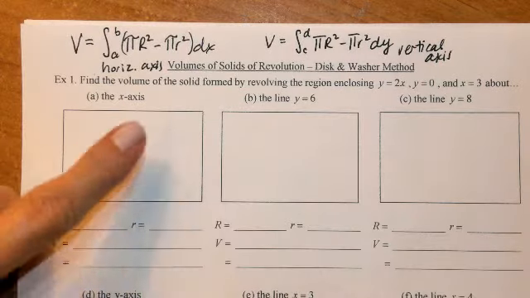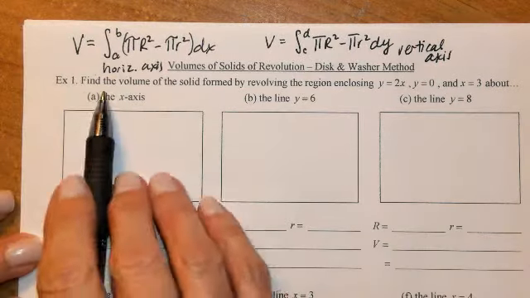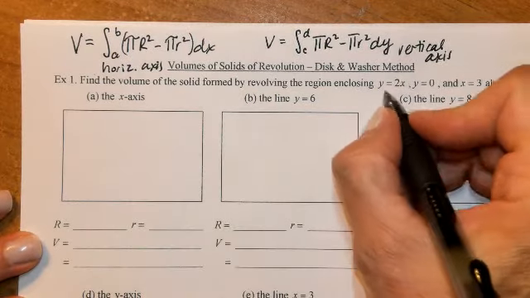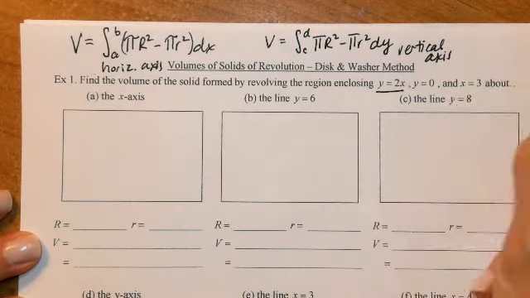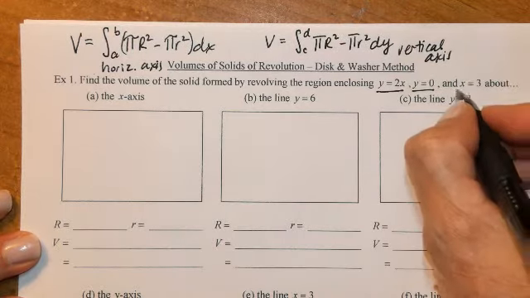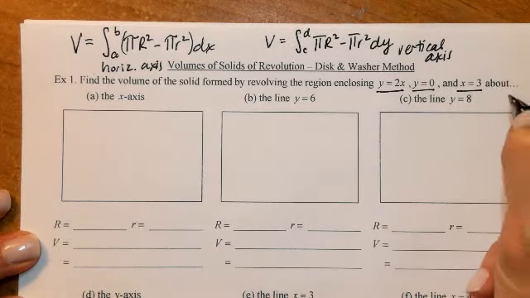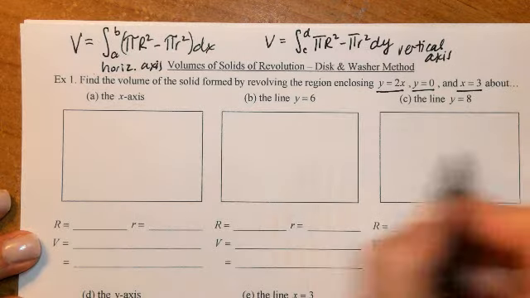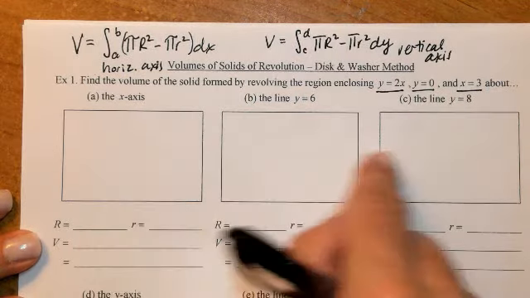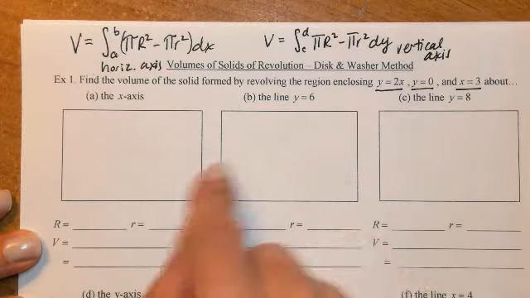Okay? All right. Number 1, find the volume of the solid formed by revolving the region enclosing y equals 2x, y equals 0, that's just the x-axis, and x equals 3, that's a vertical line, and then they're going to tell us different scenarios. Now, in your notes packet, I gave you these boxes for you to sketch a graph.